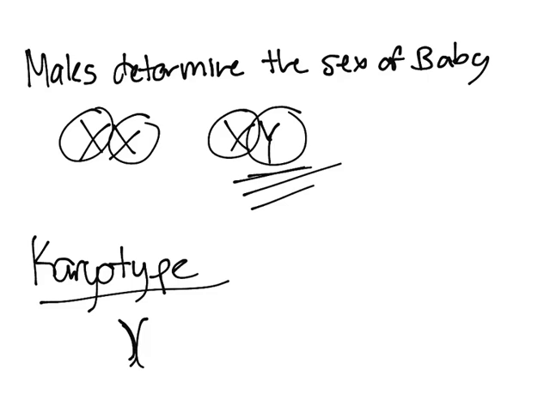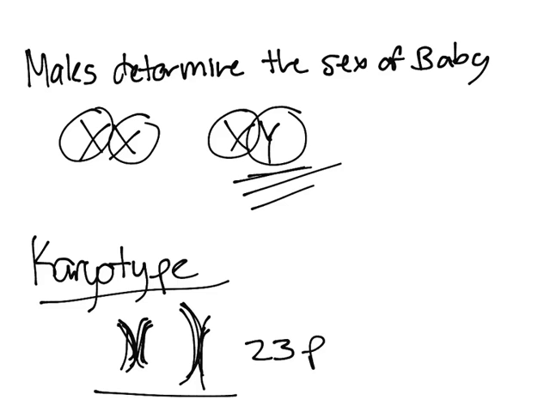They are of different lengths. They're actually organized from tallest to shortest, and then 23 is the sex chromosome. And so you essentially just see 23 pairs on a piece of paper or whatever they put it on.